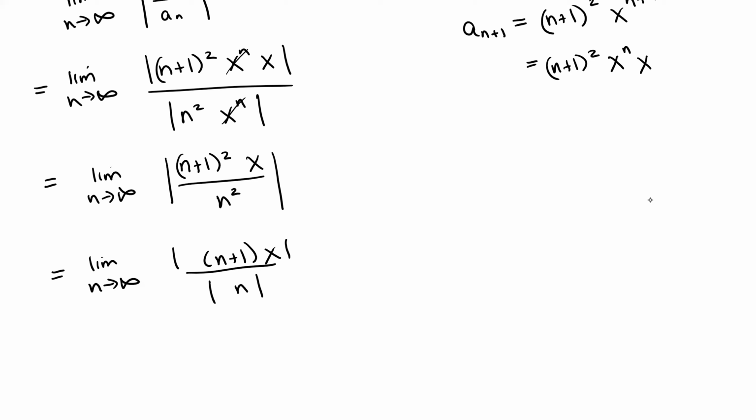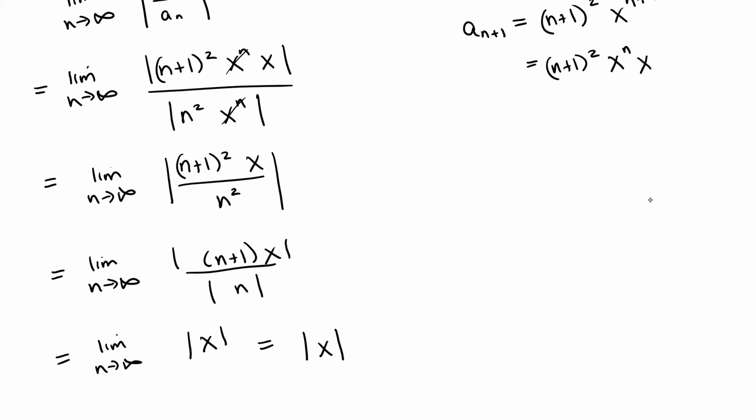Now, this still has the form infinity over infinity, so use L'Hopital's rule one more time. And we end up with the absolute value of x divided by 1, or in other words, just the absolute value of x. Okay, so this is equal to the absolute value of x.